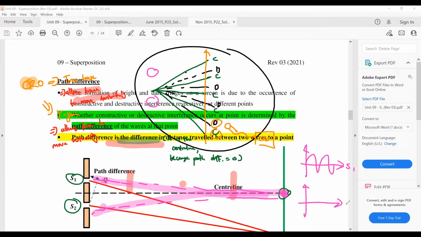Wave S2 would arrive exactly the same moment. So it will give you a higher wave with larger amplitude. Okay, this one is if the path difference is 0. They arrive exactly at the same moment. Crest meets crest, trough meets trough, you get constructive.